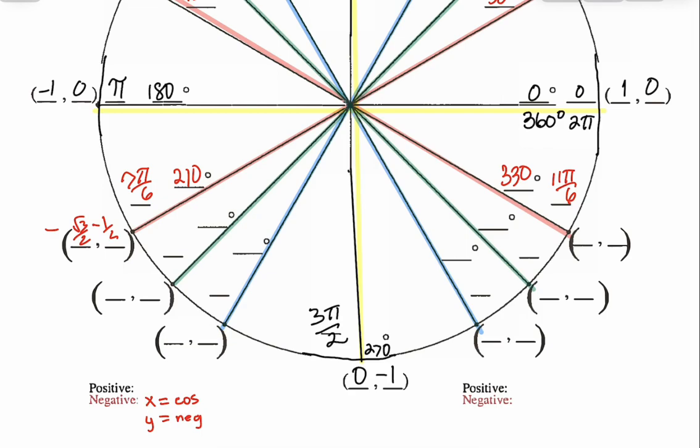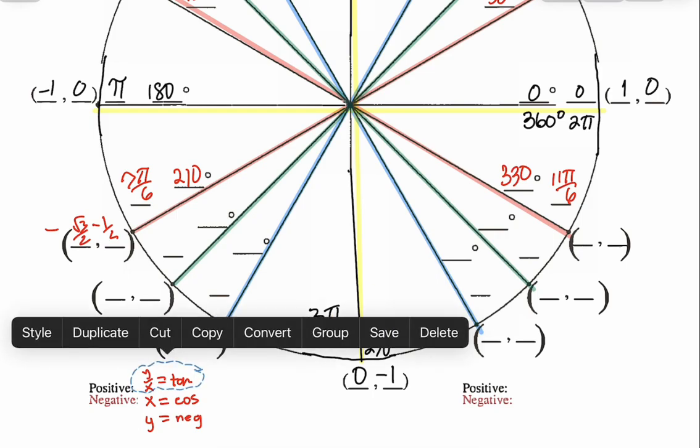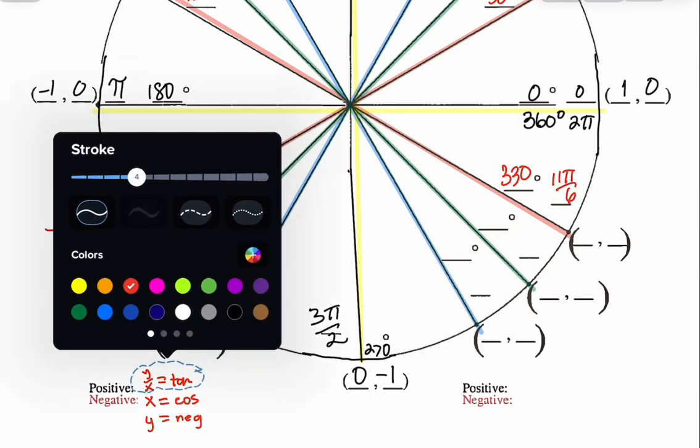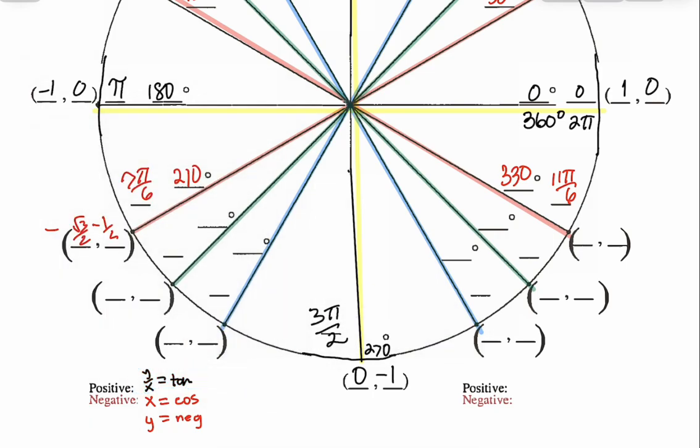But that actually makes our y over x positive. So our tangent is positive. Okay. So it's still square root of 3 over 2, 1/2, except they're both negative.